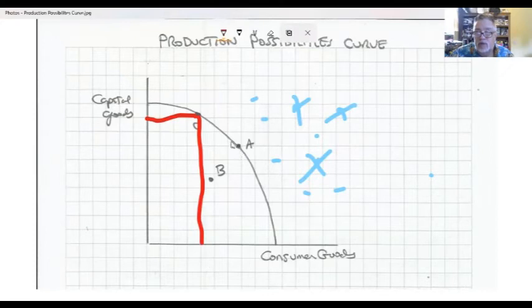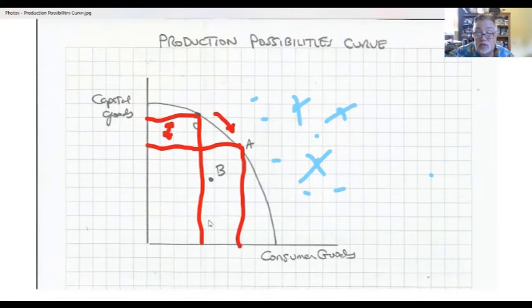But if we shift from C to A, then you can see that we're going to lose this amount of capital goods, but we're going to increase this amount of consumer goods. So we lost this, but we gained this.